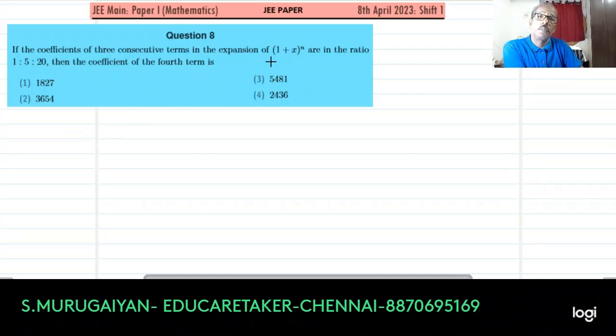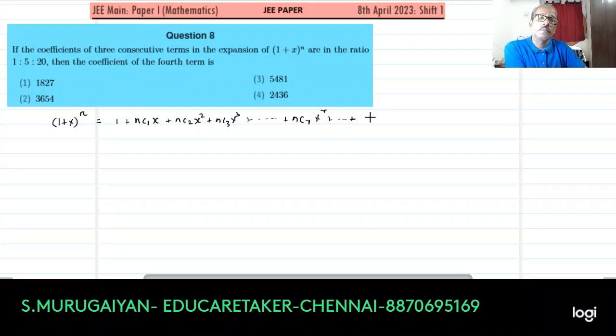What is the expansion of the binomial to the index n, (1 plus x) whole power n? nC0, that is 1, plus nC1 x, plus nC2 x squared, plus nC3 x cubed, and so on, plus nCr x power r, which is the coefficient of x power r.